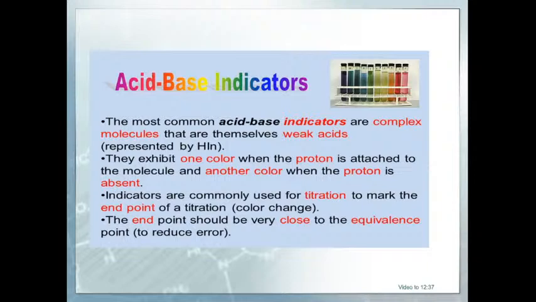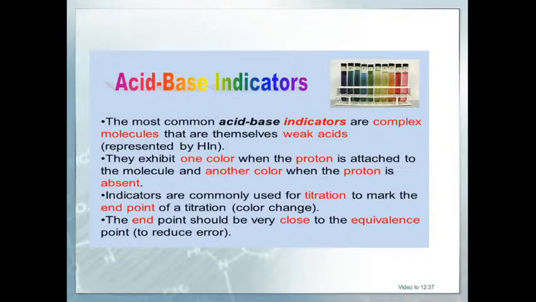We know that acids are proton donors and bases are proton acceptors. So when the indicator gets a proton, it changes to a different color. When it doesn't get any proton, it shows a different color, right? The most common acid base indicators are complex molecules, and that's why I said they are organic in nature.